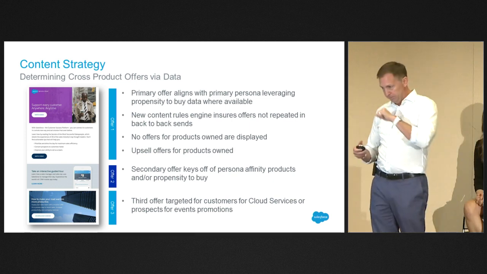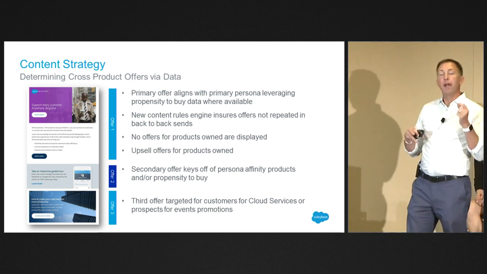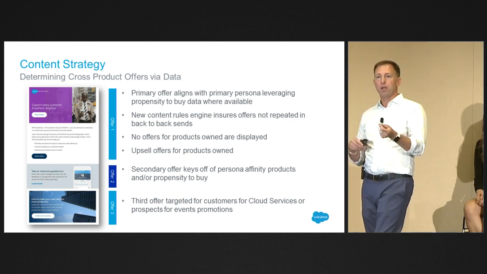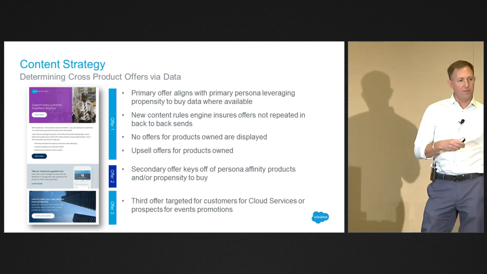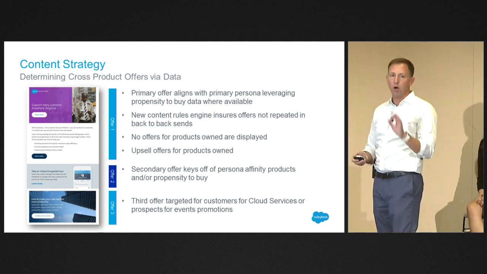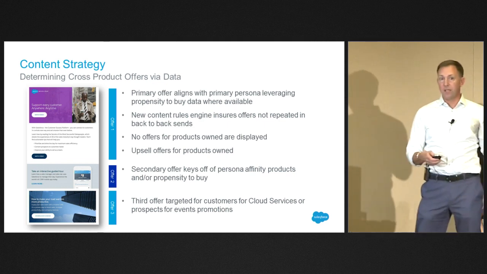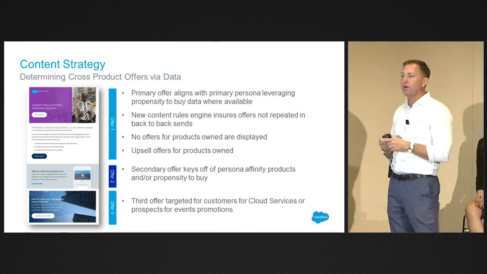So we're not going to show you products that you own, and it's also smart enough that we can insert a product as an upsell. If we know that you have a product and there's an affiliated product that you're supposed to have, we can wire that in there. So that first one always aligns to that primary product interest. The subject line and the sender name are all linked to that first offer. So that drives that top offer.